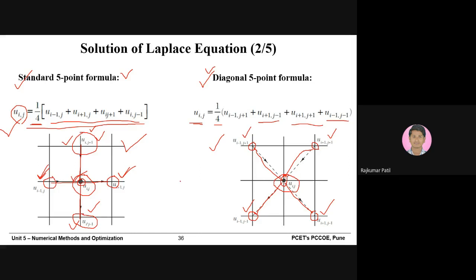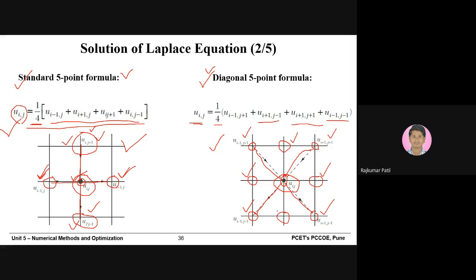Now when to use the diagonal 5-point formula? The answer is also very simple. When the neighbor data points are not known. You can see in the figure of the diagonal 5-point formula, there are 4 nodes, and we could use the standard 5-point formula, but their values are not known.